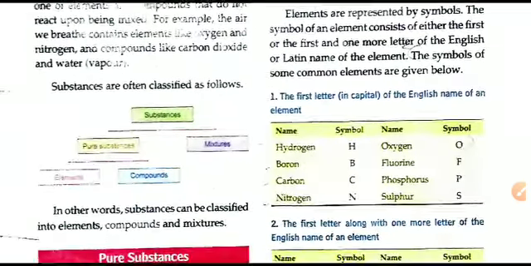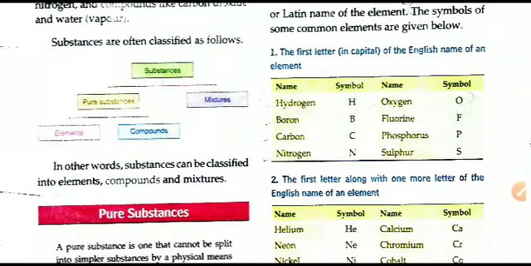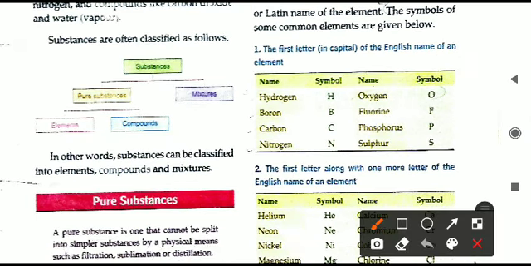Here we are with chapter number 3, elements, compounds and mixtures. This is part 2 of this video series, and in the previous video we discussed the classification of the substances around us. Substances, as we know, are classified into two main categories, pure substances and mixtures. Pure substances in turn are classified into elements and compounds.